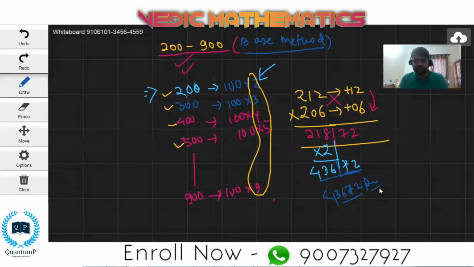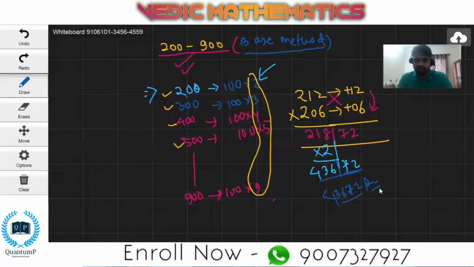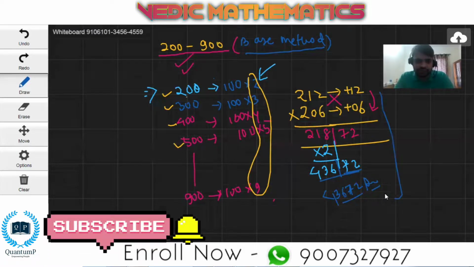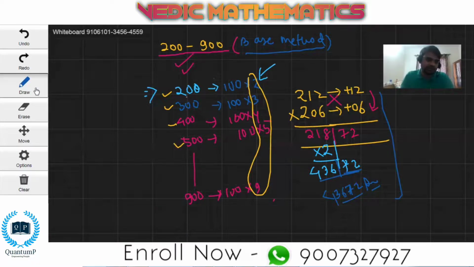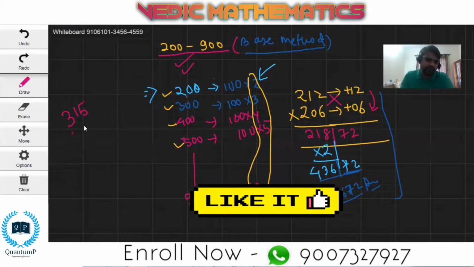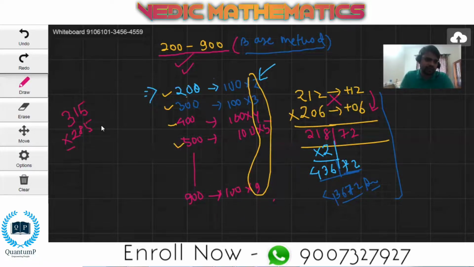The same concept I'm going to repeat for the 300 base, but for the 300 base we are going to see some plus minus. Let's see, I'm showing you here on the left hand side. Suppose we are doing 315 and 285. All the numbers are near 300, so I'll write plus 15 here and minus 15 here.